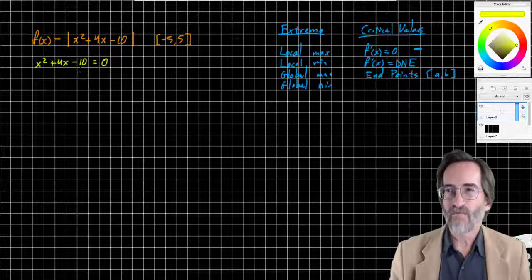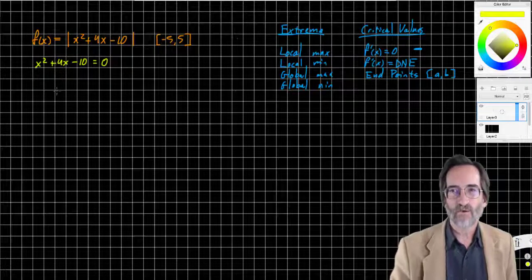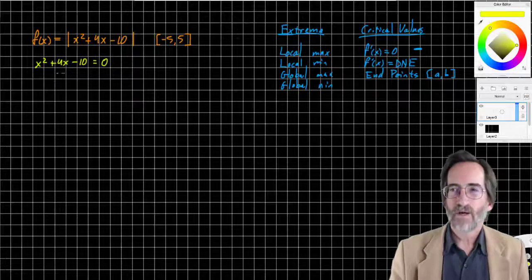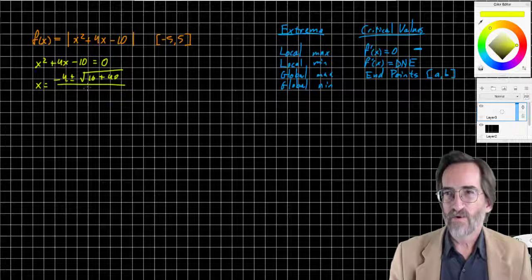Now the factors of 10 are 2 and 5. Their difference is not 4. So this is not going to factor easily. So our roots are negative b plus or minus the square root of b squared minus 4ac, all over 2a.